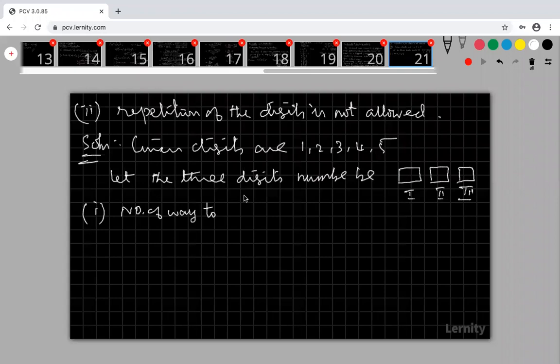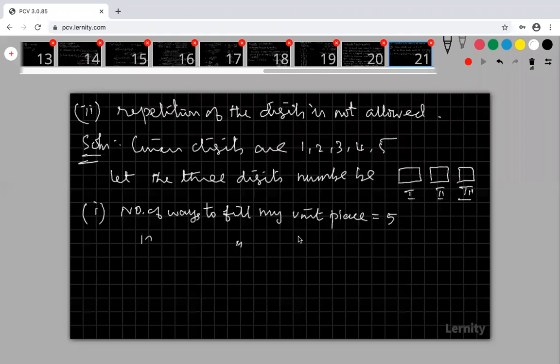Repetition is allowed here, so I can use all the 5 numbers: 1, 2, 3, 4, 5. Therefore, the total ways to fill my unit place is 5.